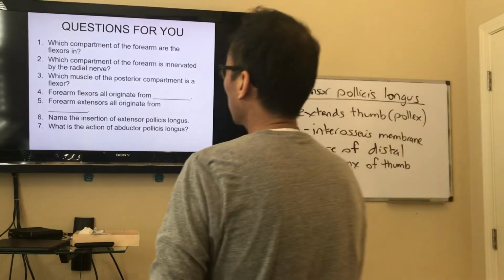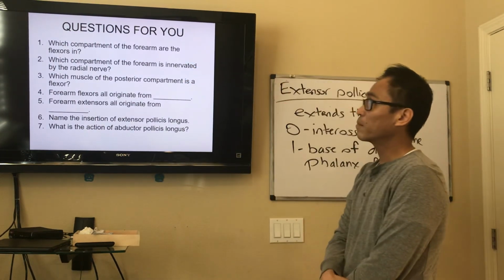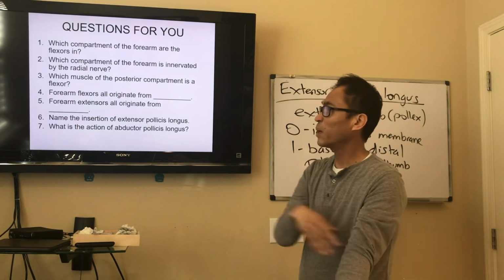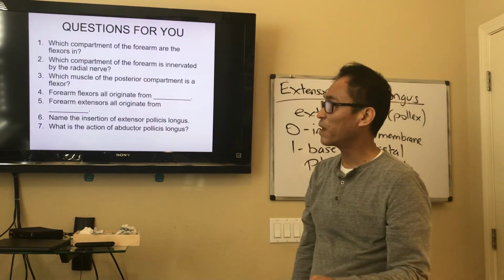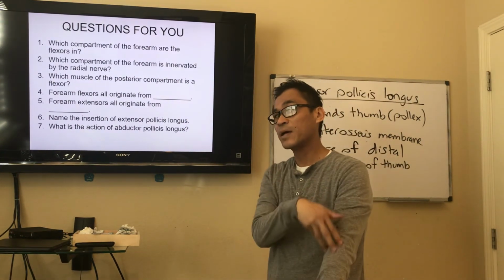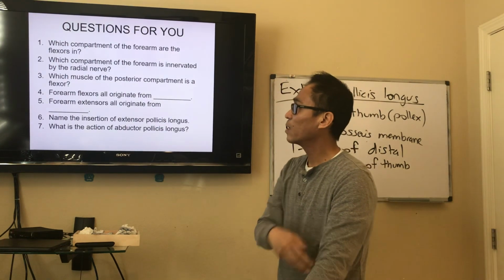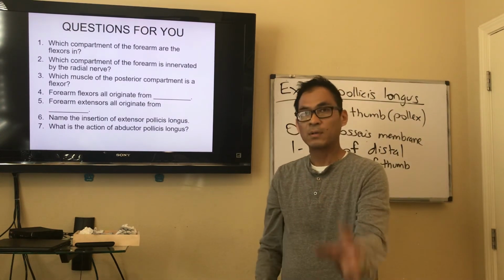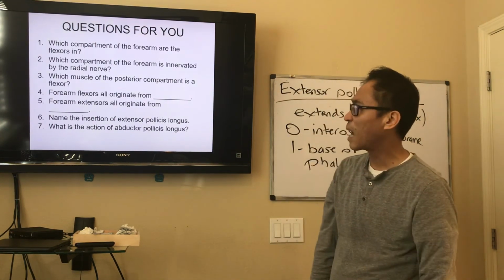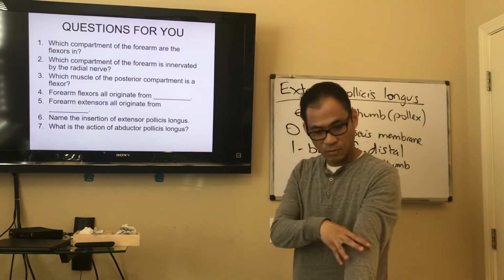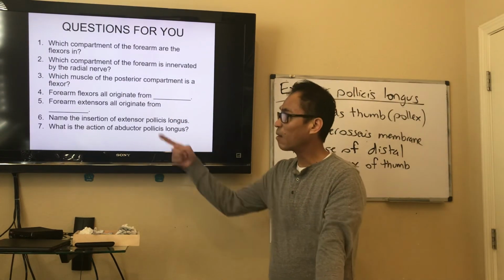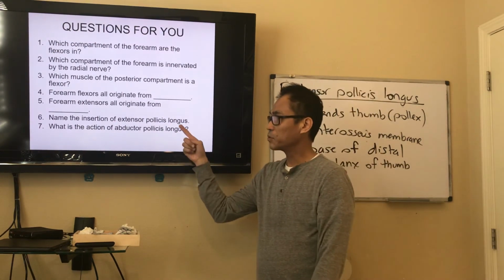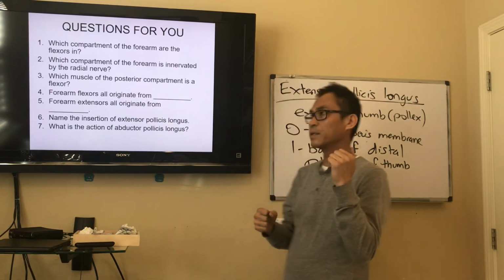Number 1, which compartment of the forearm are the flexors in? Anterior compartment. Which compartment of the forearm is innervated by the radial nerve? Posterior compartment. Which muscle of the posterior compartment is a flexor? That exception muscle, the root beer drinking muscle, the Brachioradialis. Forearm flexors all originate from the medial epicondyle. Forearm extensors all originate from the lateral epicondyle.